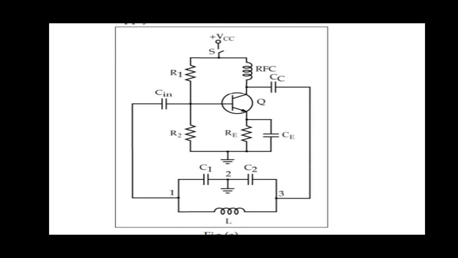For AC, the capacitor is short circuited, so the resistor is shorted, and the voltage across it is 0. So we are connecting CE.